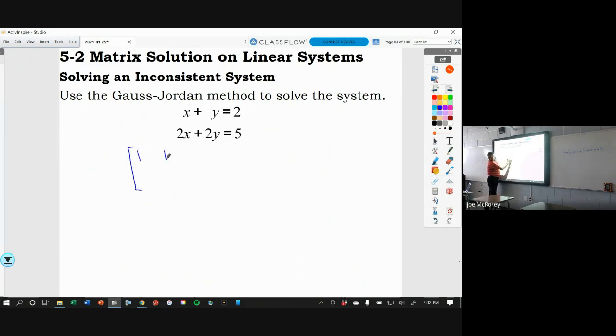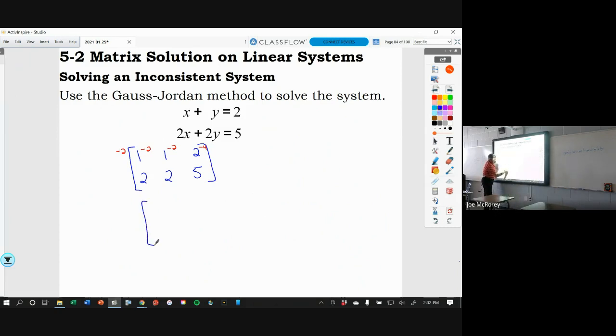It's already set up well for us to set up our matrix. The first element in column 1 is already a 1. And I need to use row 1 to get rid of the 2 in row 2. What do I need to do to row 1? Multiply by -2, which gives me -2, -2, -4.